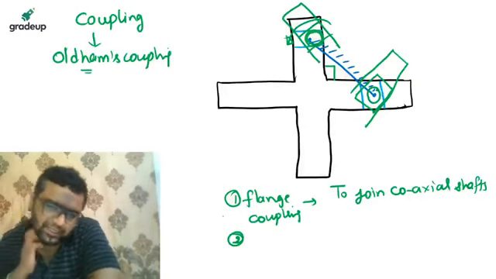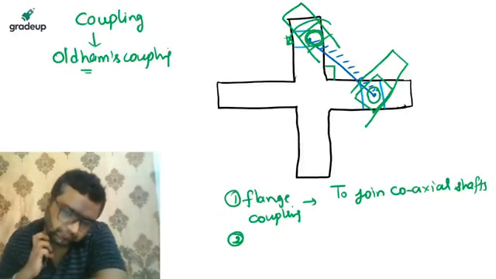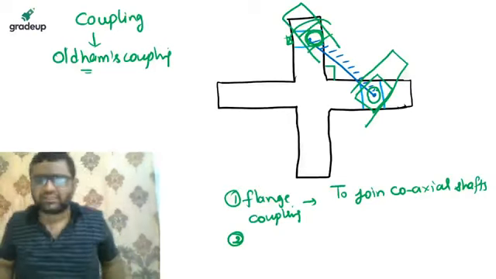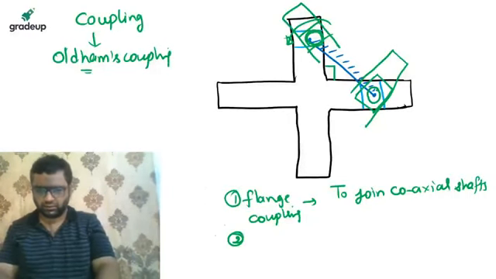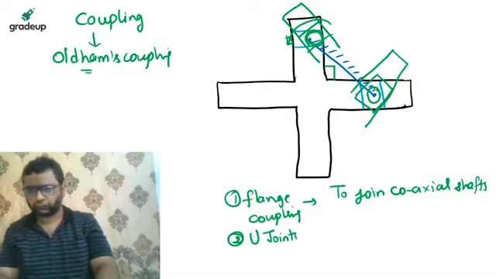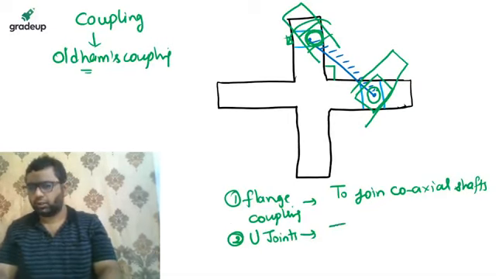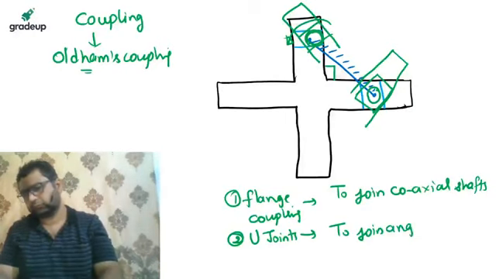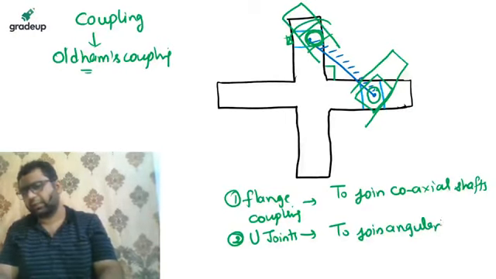The second kind of coupling is U joints, used to join angularly misaligned shafts.